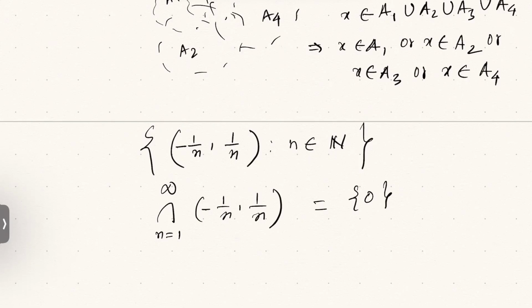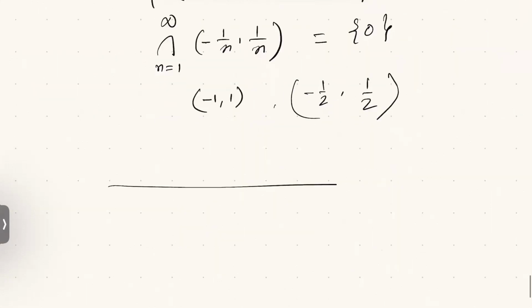If you start with n equals 1, then you have (-1, 1), and 0 belongs to this set. If you take n equals 2, then (-1/2, 1/2).